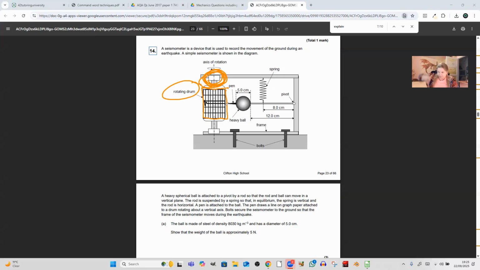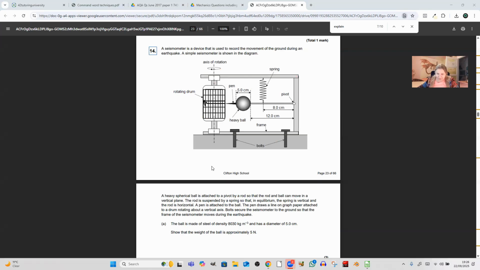So the ball goes up and down, there's a spring holding it in place, and the whole thing leaves a wiggly line behind. It's bolted really strongly to the ground with a big strong frame, and this is pivoted here so the ball is free to move. It draws a wibbly line. That's a seismometer, so it measures earthquakes.